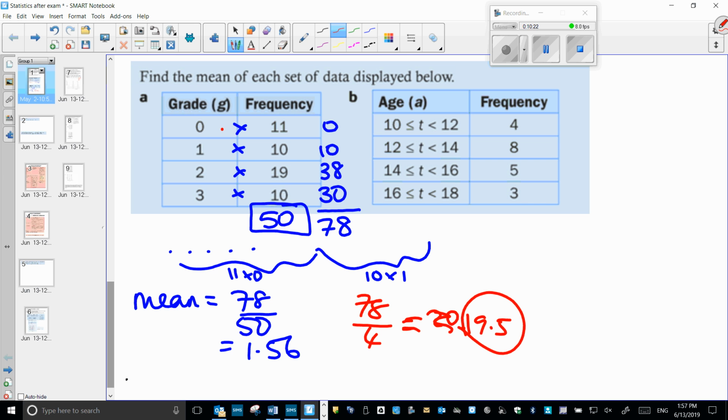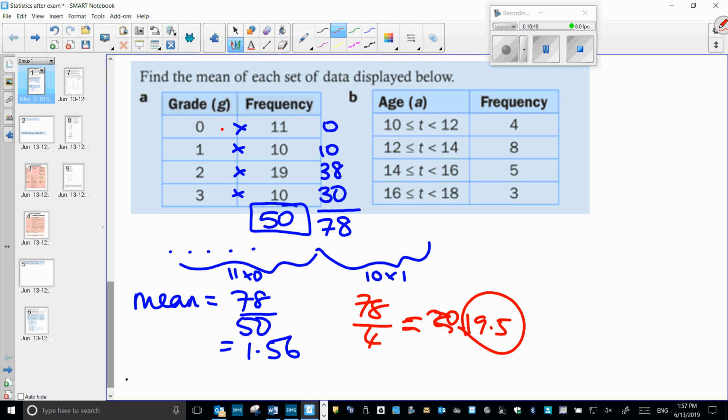Our table is only going from 0, 1, 2, or 3. So my mean value can only be between 0 and 3. To get an answer of 19.5, that's one of those answers that I get frustrated with you all for doing, because it's not a sensible answer.